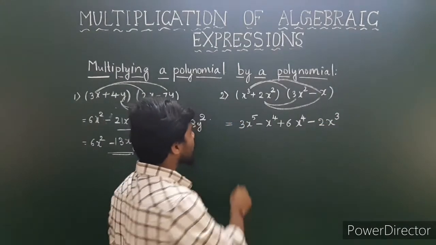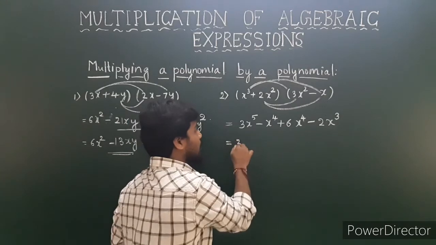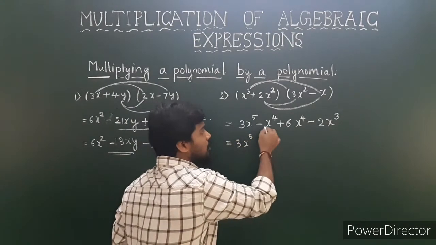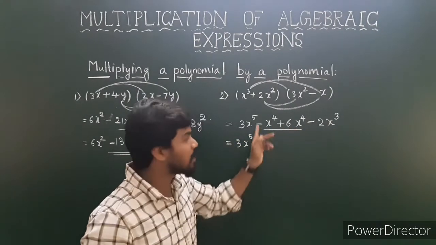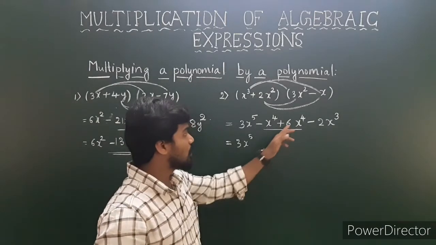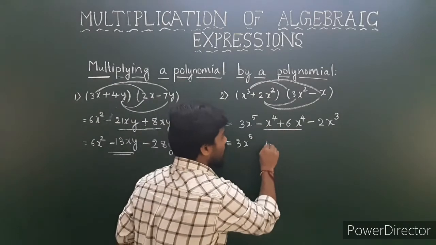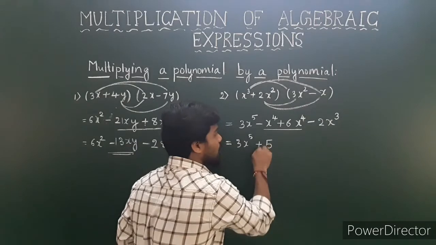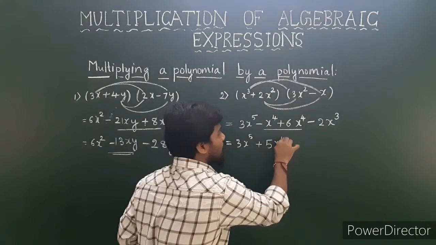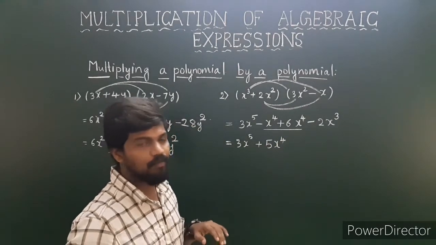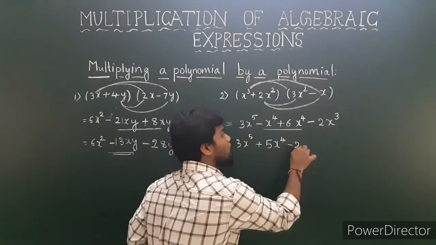Now next step, 3x to the power 5, and these two are like terms with different sign, so subtract. 6 minus 1 you get 5. The larger value sign is plus, x to the power 4. So 5x to the power 4 minus 2x cube.